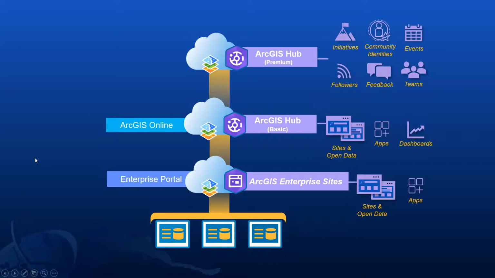So Hub lives in ArcGIS Online, and ArcGIS Enterprise sites live on your enterprise portal, and they could communicate with each other. That's totally fine. But again, the whole difference is that the enterprise sites are part of Enterprise. And when we talk about Hub, we have Hub Basic and Hub Premium, and that all depends on licensing and capabilities.